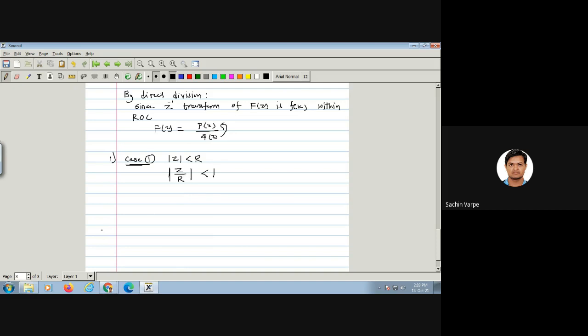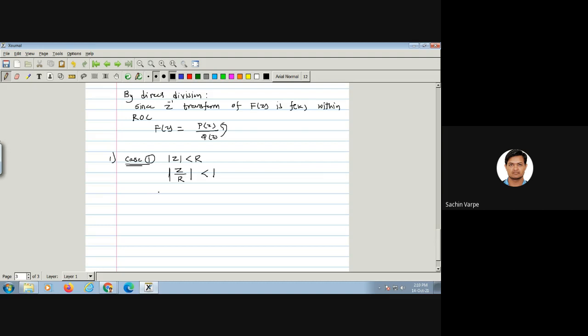Here we obtain the power series in z which converges in the same region, that is mod of z by R less than 1. By beginning the division with the lowest powers of z in the denominator, the coefficient of z raised to k is identified as f(k).